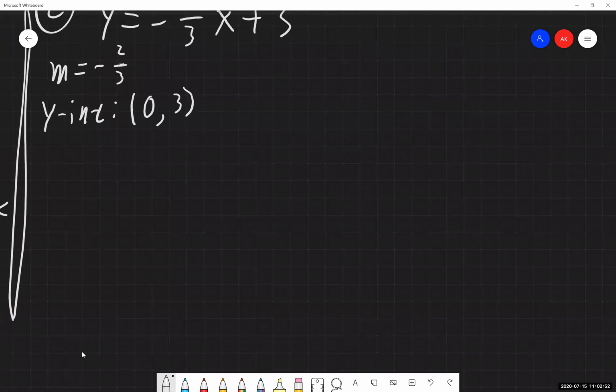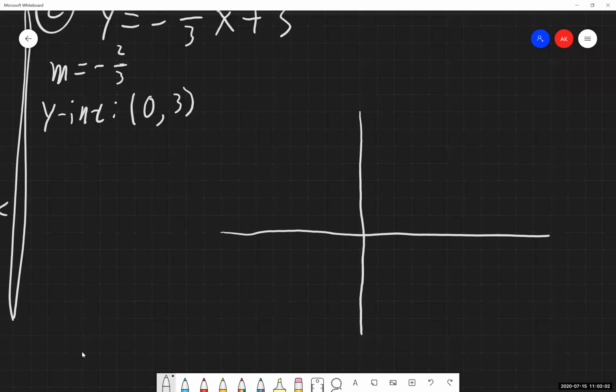So we have this over here. Okay, so we got positive x, we got positive y. I'm going to count and scale these axes just by ones.